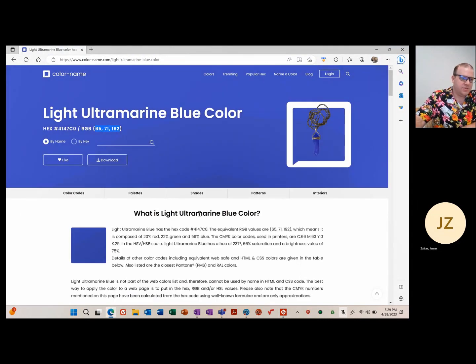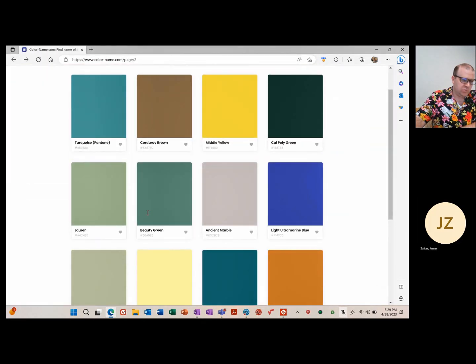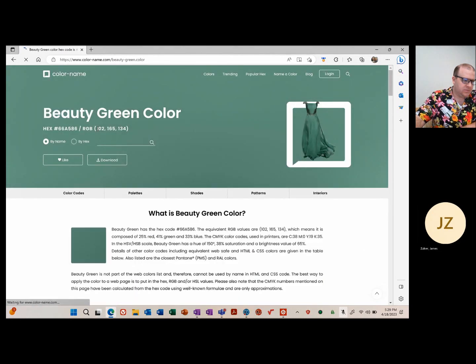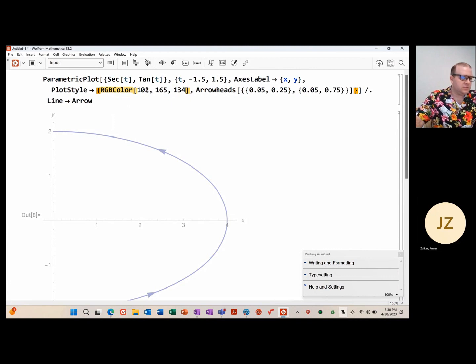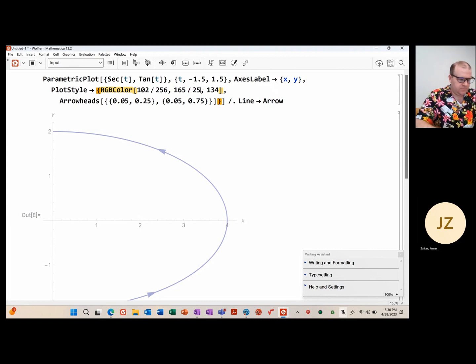Just change the color. For now, let's just leave those arrowheads where they are.